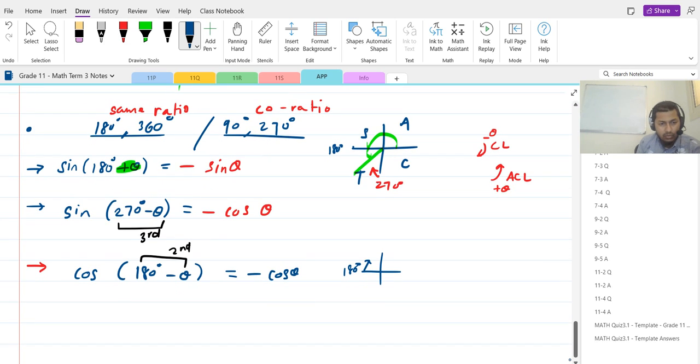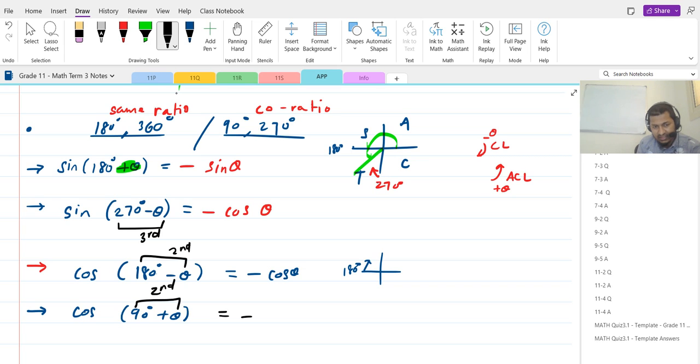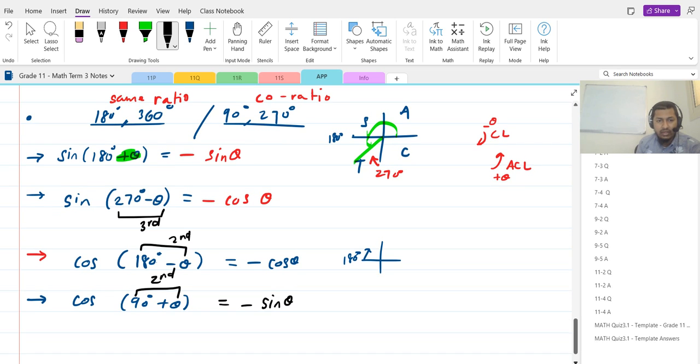Now what's the difference if you have cos of 90 degrees plus theta? Remember, this is also in the second quadrant. Cos in the second quadrant is still negative, but now because of the 90 it takes a co-ratio, so it becomes negative sine theta. Okay, I hope you guys are understanding.